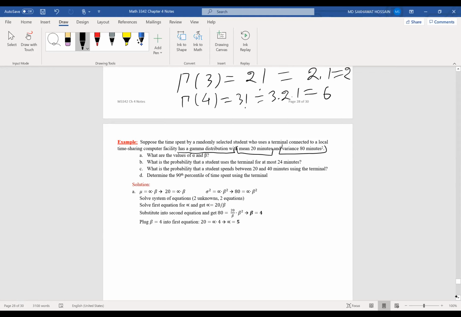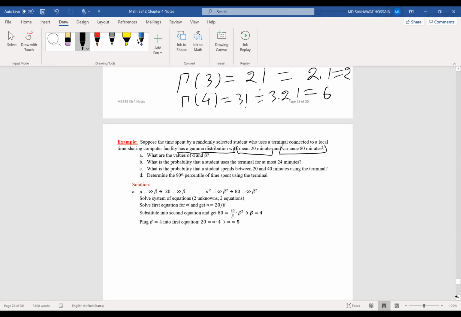Be careful here. For the gamma distribution, you need two parameters, alpha and beta. They are not the mean and variance. For normal distributions, the parameters are mu and sigma, so they are the mean and standard deviation.